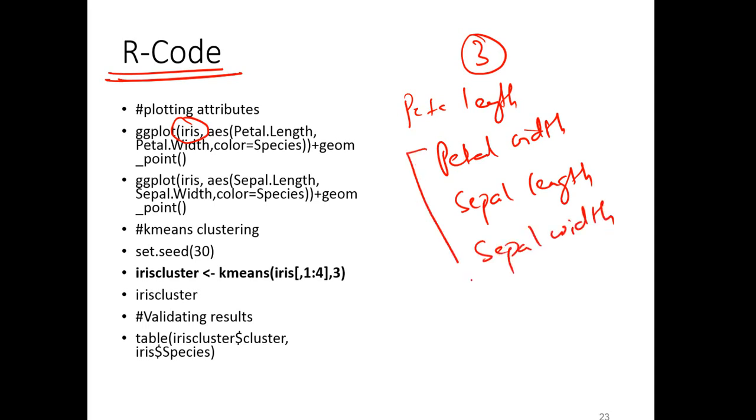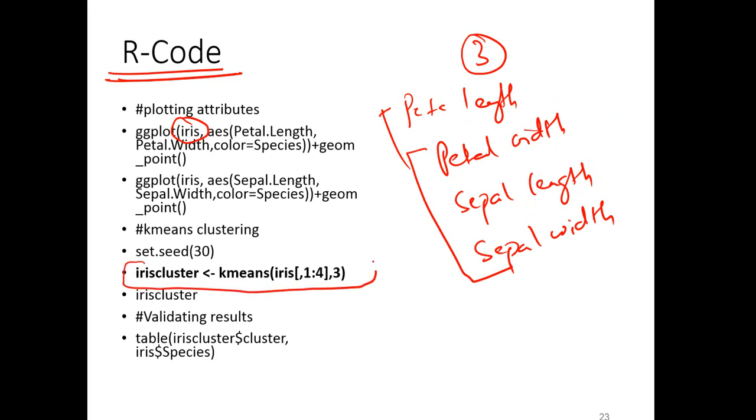So these four attributes of the flowers have been given, and using k-means clustering, we are trying to see whether we get these three segments of flowers, and then we'll try to see if the actual segments for the three different types of flower are similar to what the clustering algorithm has given us. And then we'll do a comparison. You can run it on your own. So here is the code.